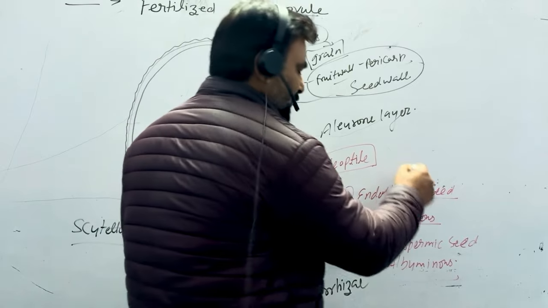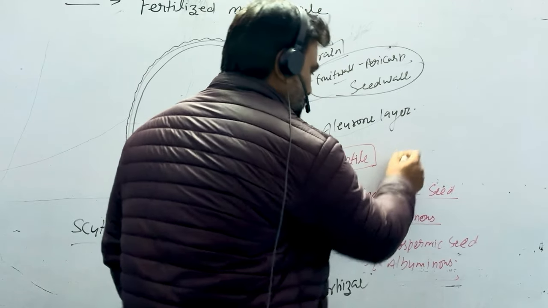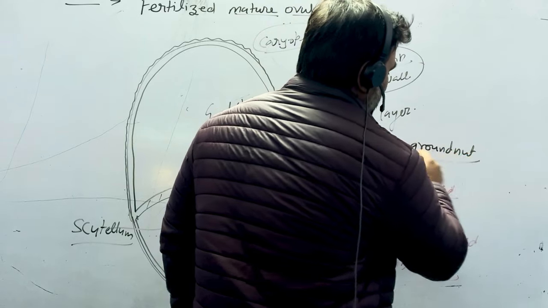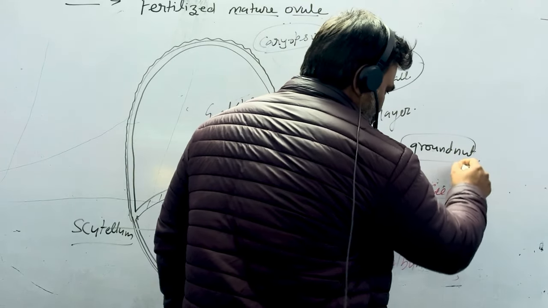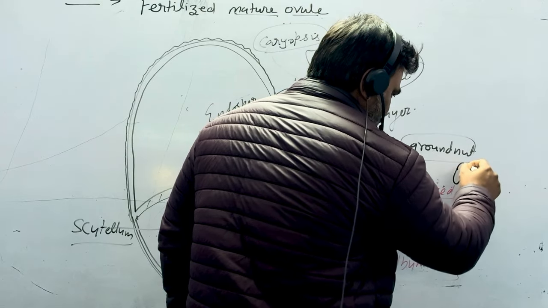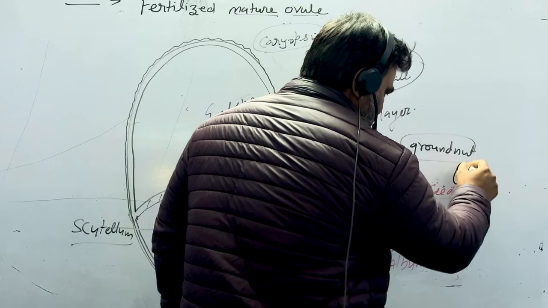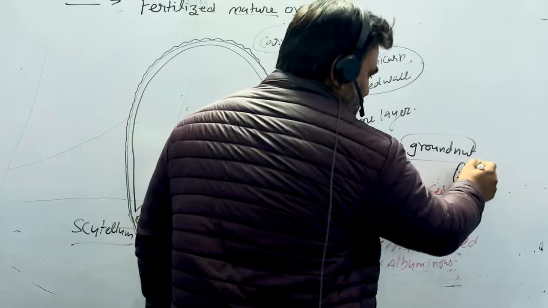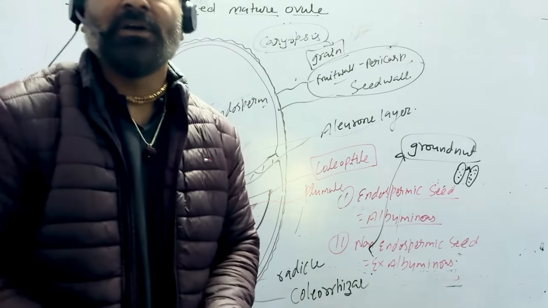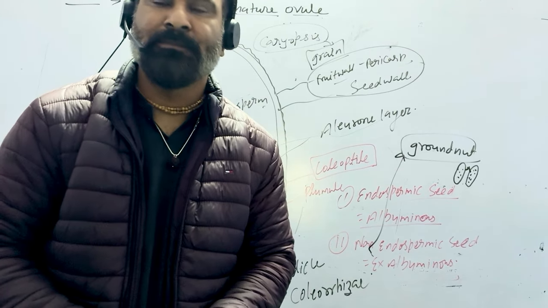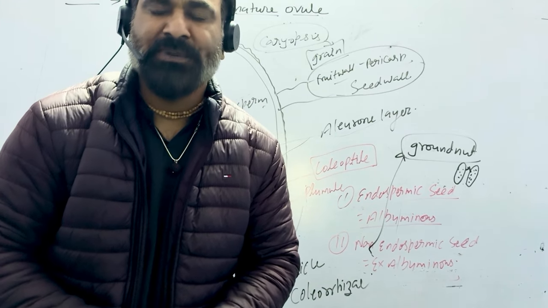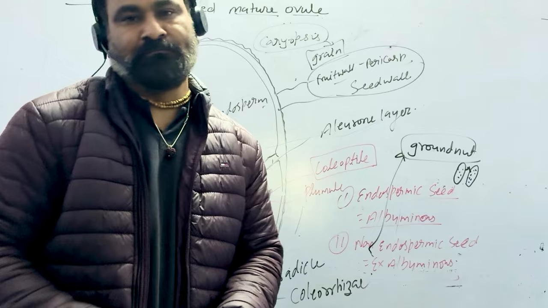Examples are groundnut. Here we see the cotyledons like this, and here is a V-shaped structure, that is the embryo. So here the reserve food material is in the cotyledons. Examples are groundnut, pea, chickpea, etc.